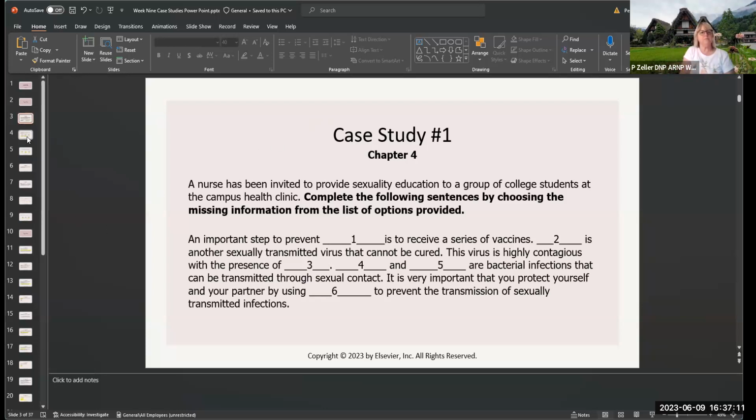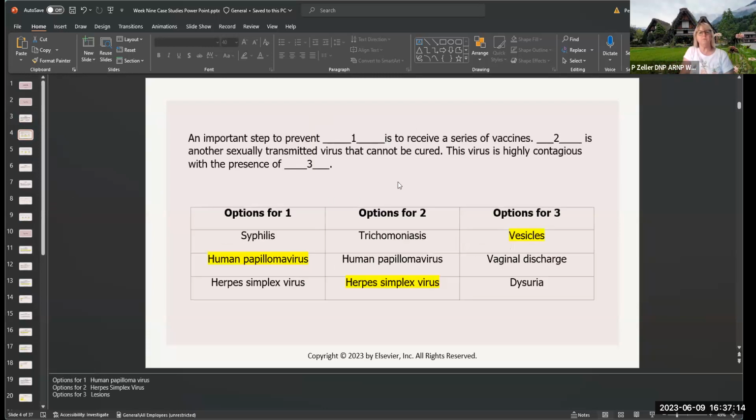Okay. Well, darn it. I forgot to erase the answer. I've got the answers marked. Darn it.